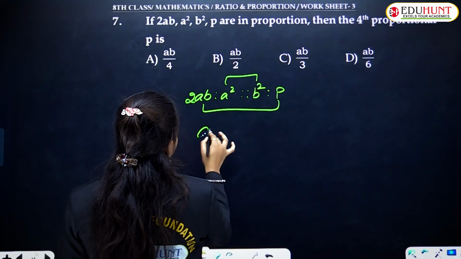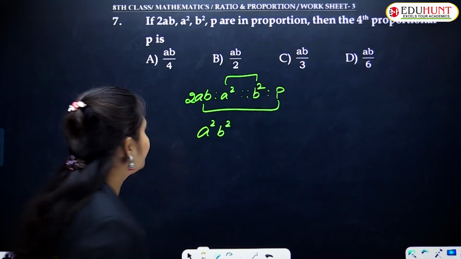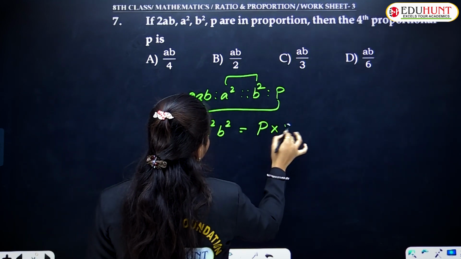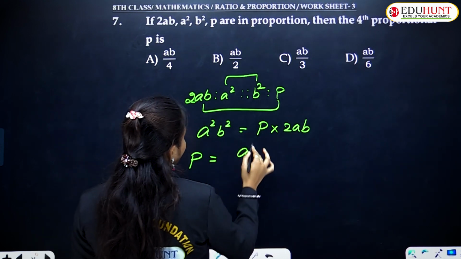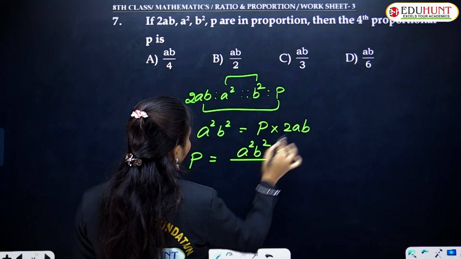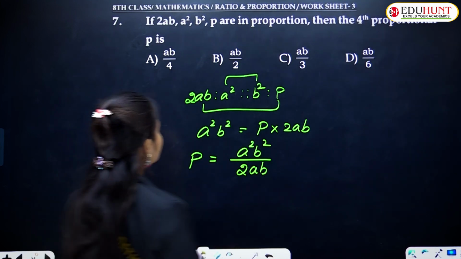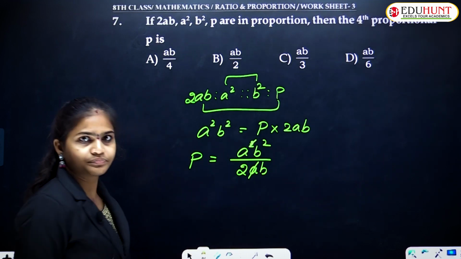From this, a square into b square is equal to a square b square, which is equal to p into 2ab. From this, p is equal to a square b square whole by 2ab. Am I clear children? See here, 2 and 1 time get cancelled.